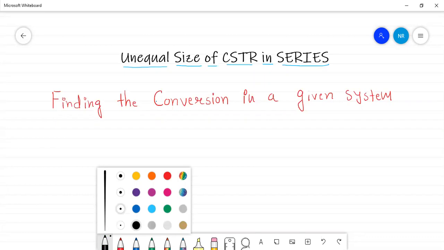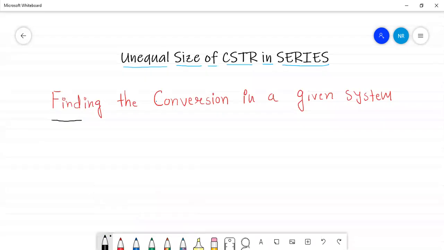What we have to do? We have to use the graphical technique to find the conversion in a given system, whether the small one is first or the large one is first. So how will we do the graphical procedure?